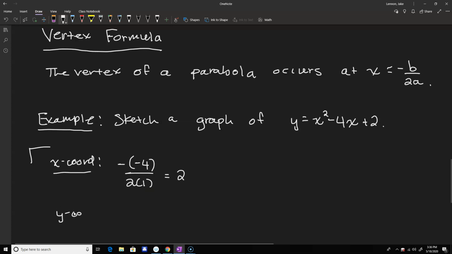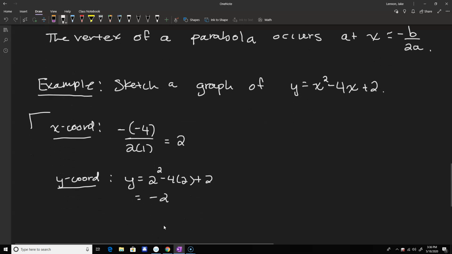To find the y-coordinate, we plug 2 in for x in the above formula. So y is going to be 2 squared minus 4 times 2 plus 2. This comes out to 6 minus 8, which is -2.